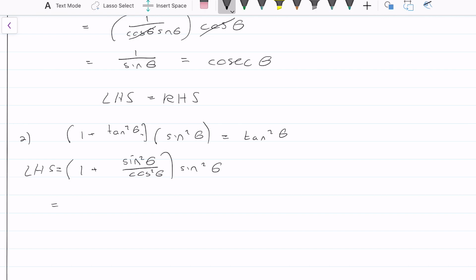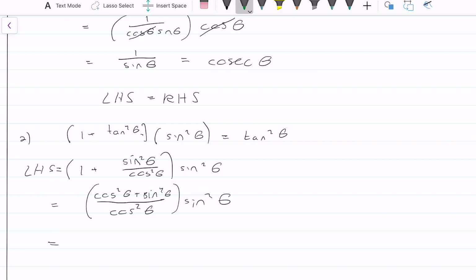Okay, so getting the lowest common denominator, we have cos squared theta over cos squared theta plus sine squared theta, times sine squared theta.